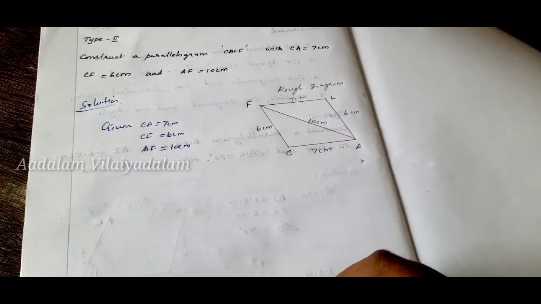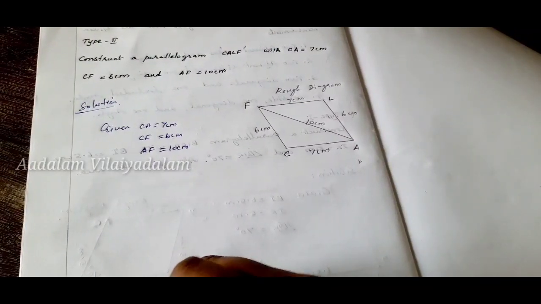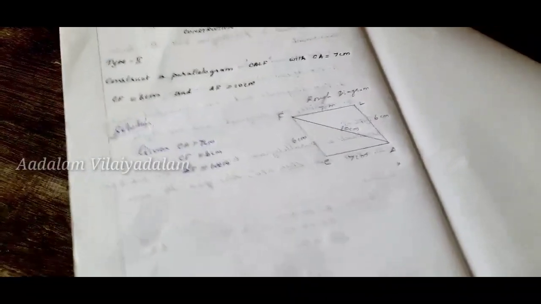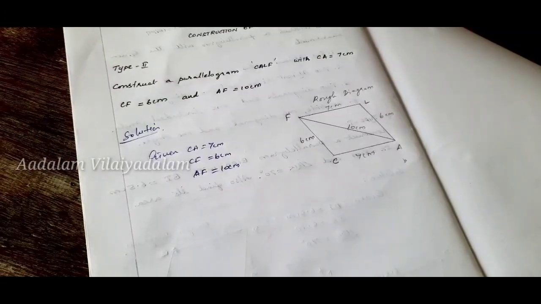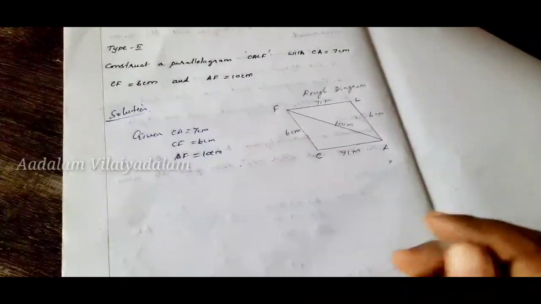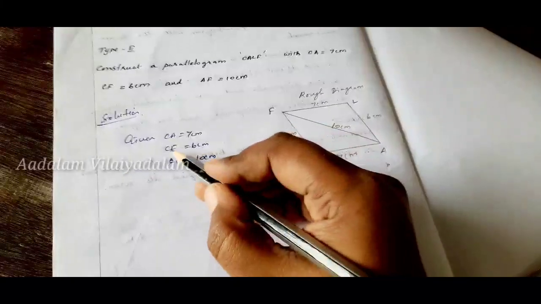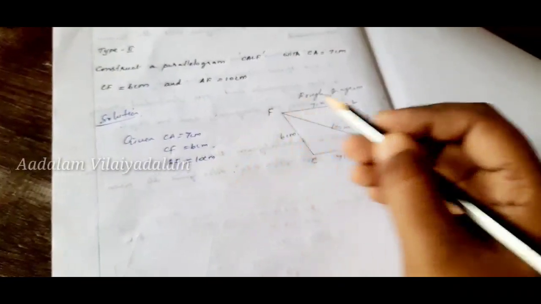So this is A and this is C. So we can write the measure 7 centimeter. Now the given measure is CF equal to 6 centimeter.